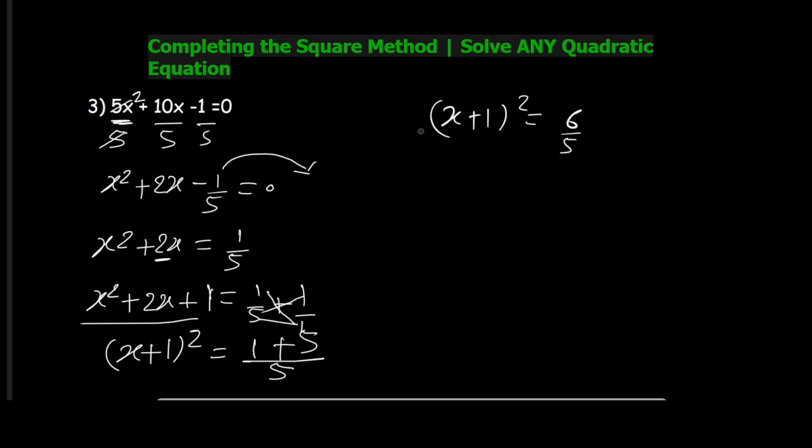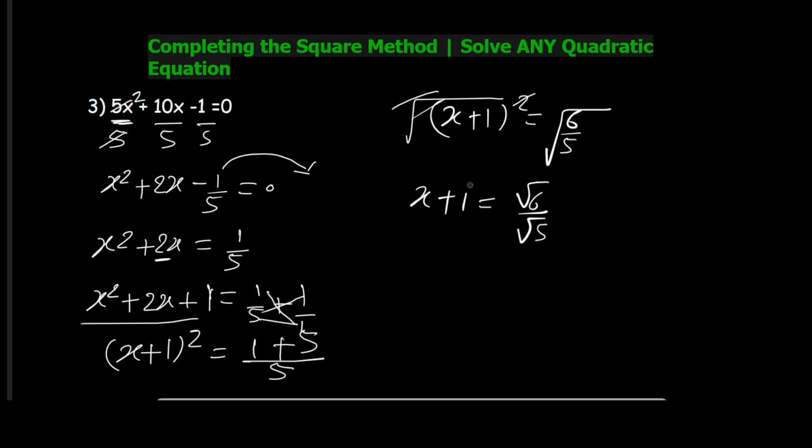I'm going to take a root on both sides of the equation to cancel this square. So this square and this root will cancel out. So x plus 1 equals root 6 over root 5.